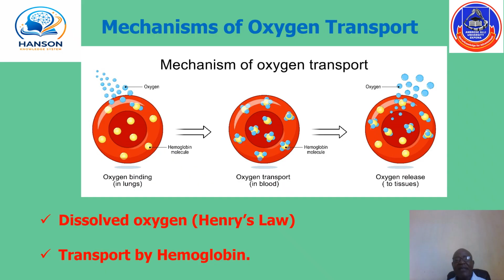As they bind to the hemoglobin molecule, they become tightly bound within the red blood cells. Now, the red blood cell is taken to the tissues where the oxygen is released.